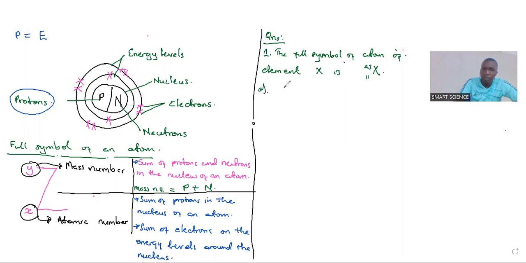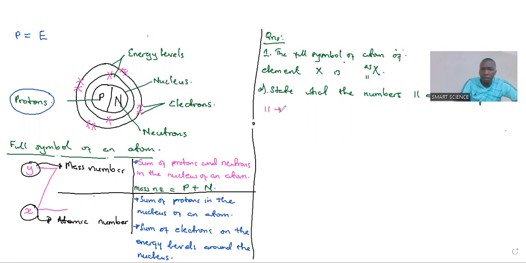And part A says, state what the numbers 11 and 23 represent.